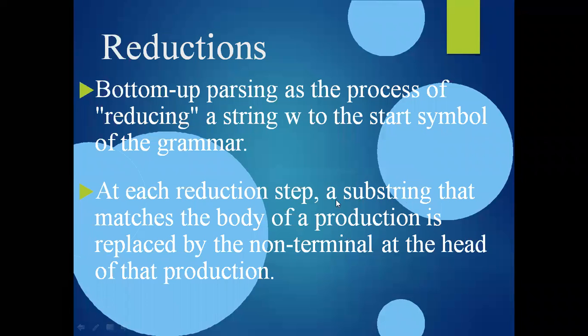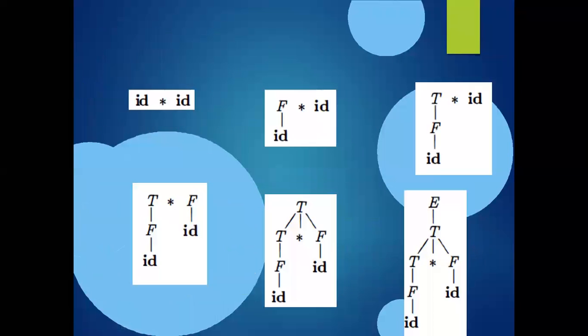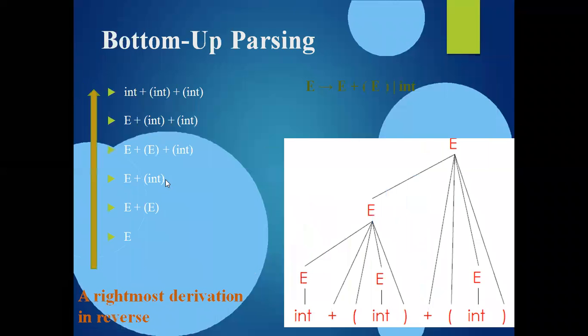Make a note of what the substring is. For example, I am taking this int. The overall string here is int plus open parenthesis, int closed parenthesis plus open parenthesis, int closed parenthesis, right? For example, I am only taking this part.